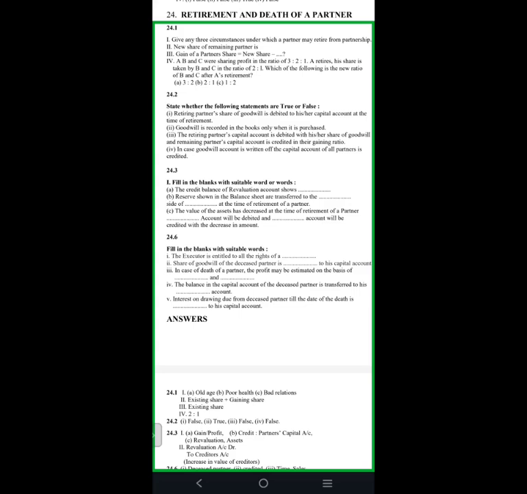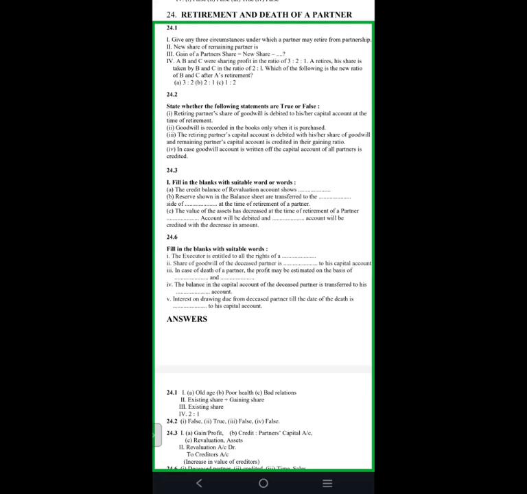State whether the following statements are true or false. Retiring partner's share of goodwill is debited to his or her capital account at the time of retirement. False. Goodwill is recorded in the books only when it is purchased. True.